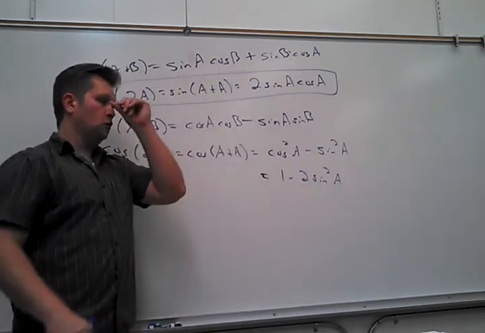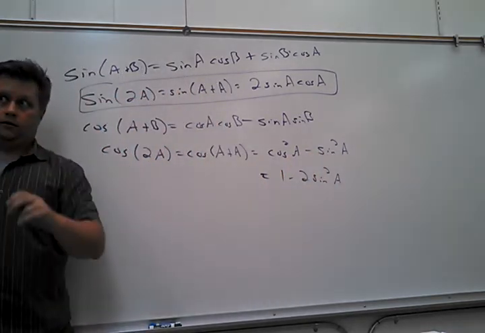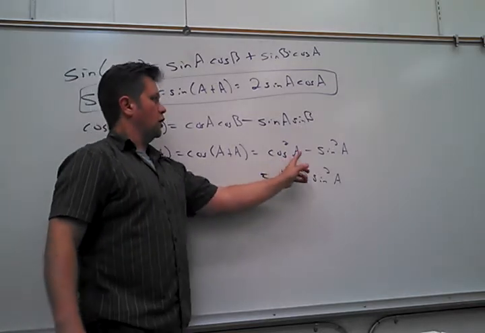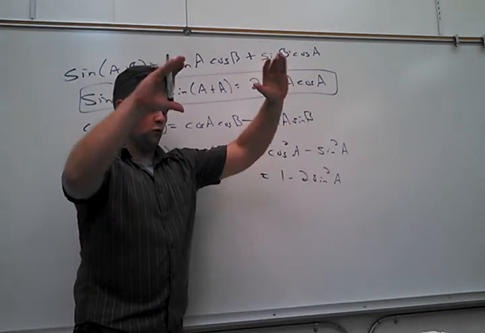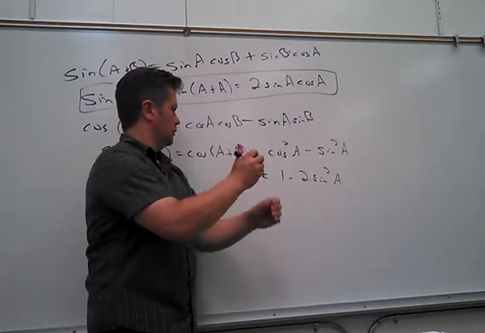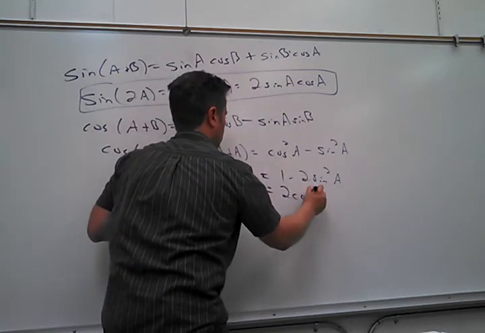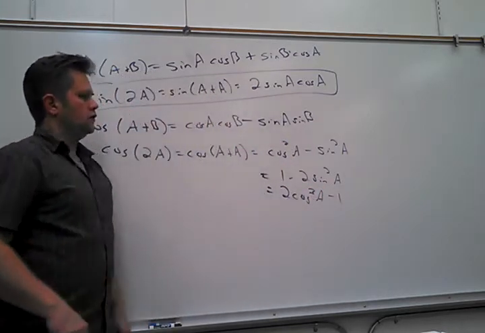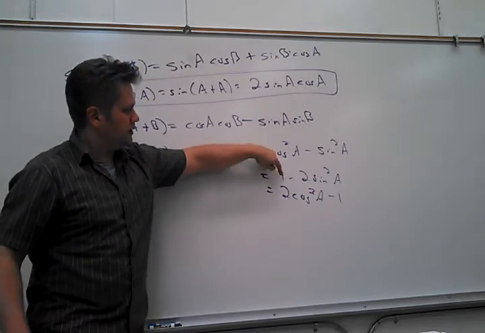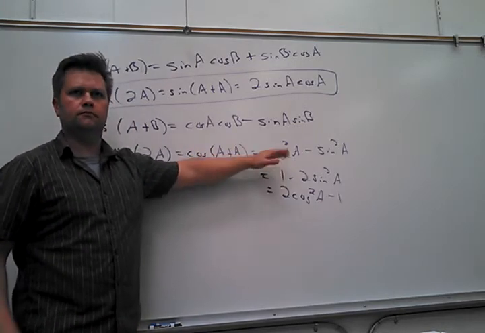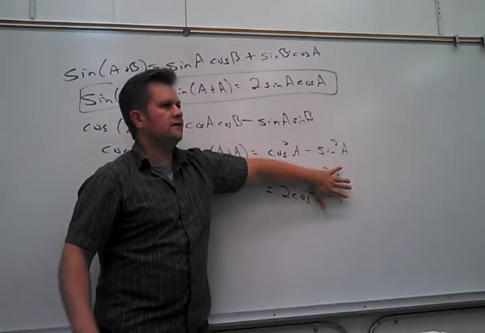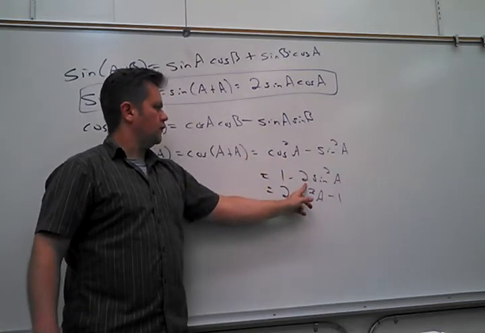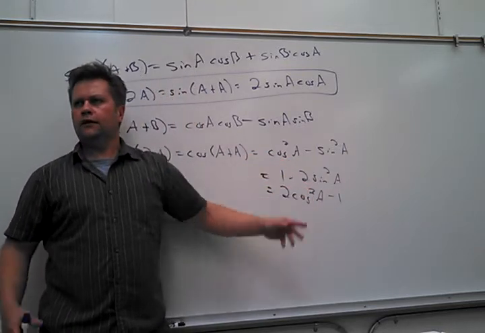Or sine squared is 1 minus cosine squared. Cosine squared minus 1 minus cosine squared will become 2 cosine squared minus 1. If I try to memorize all of these, I'll forget which one's first. Where I just memorize that, and then it's like 3 seconds to get there if I need it.